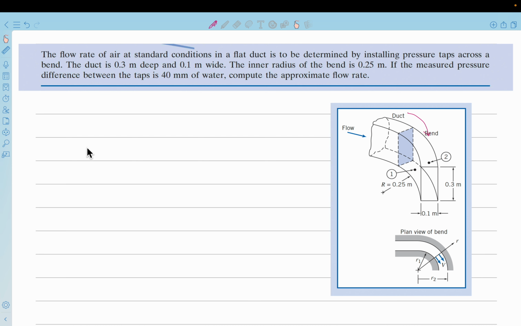Alright, so first let us see what is the pressure difference. So delta P. What we are doing is we are measuring pressure at two locations, 1 and 2. P2 minus P1 is equal to, the pressure is given as 40 mm of water. How do we convert that to kilopascals?